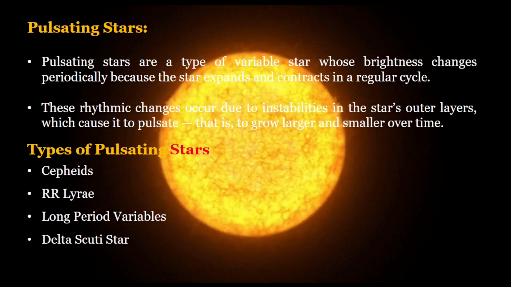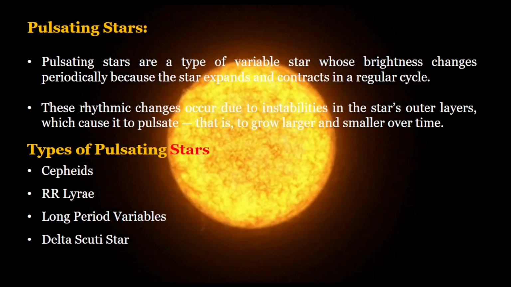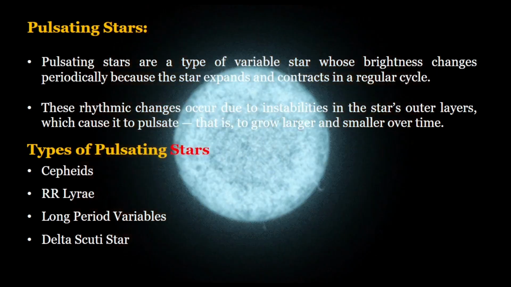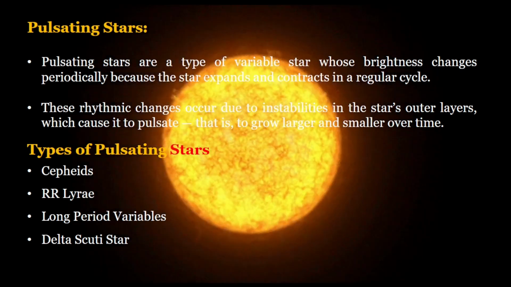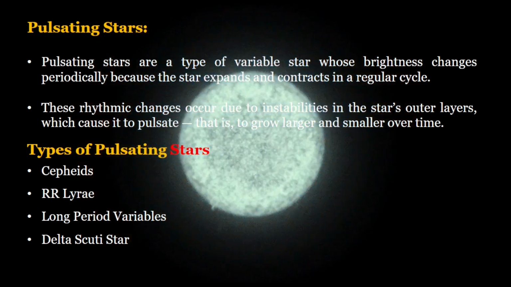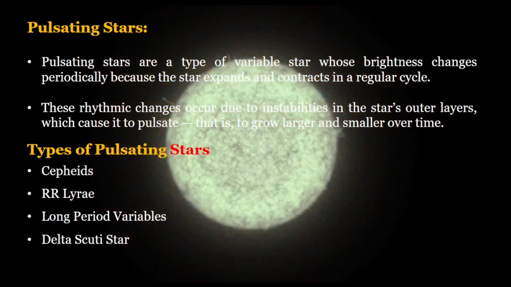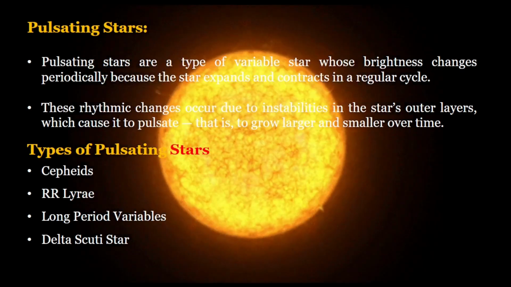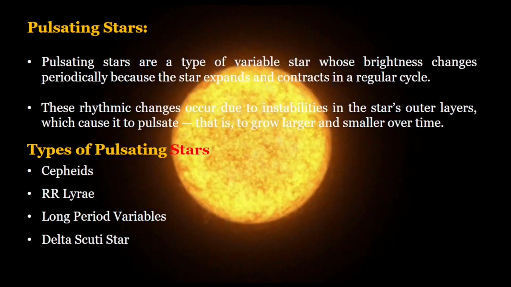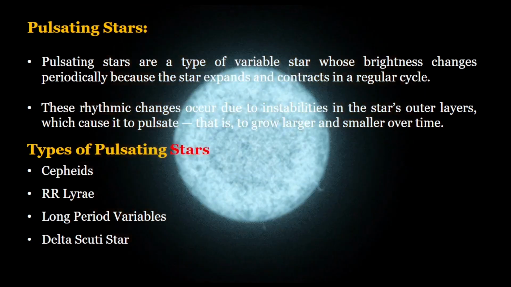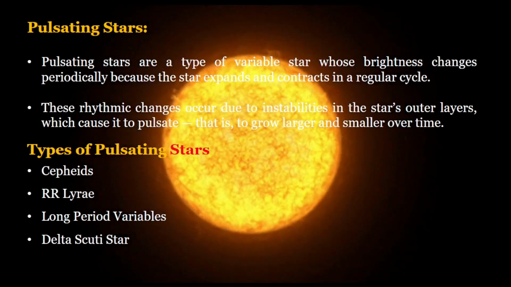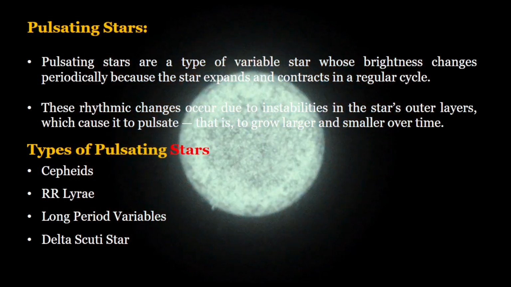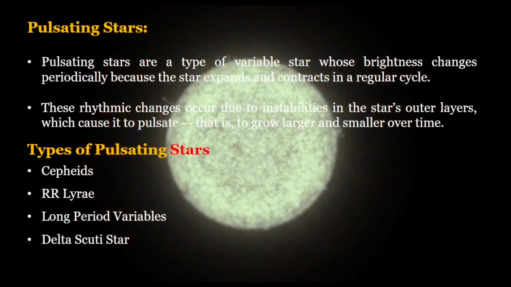So let's say pulsating stars. What does it mean to pulsate? Pulsating stars are a type of variable stars whose apparent magnitude, remember, apparent magnitude is how we see it from Earth, from telescopes on Earth, changes periodically because the star expands and contracts in a regular cycle.